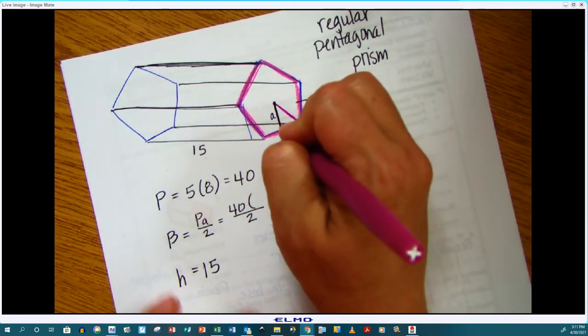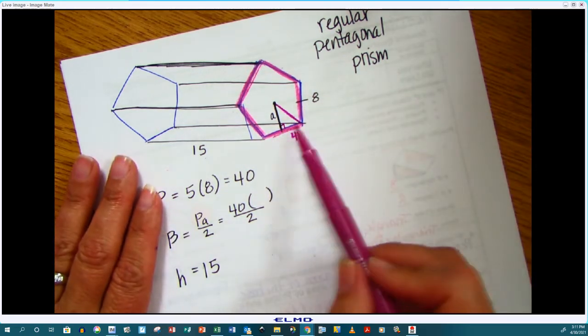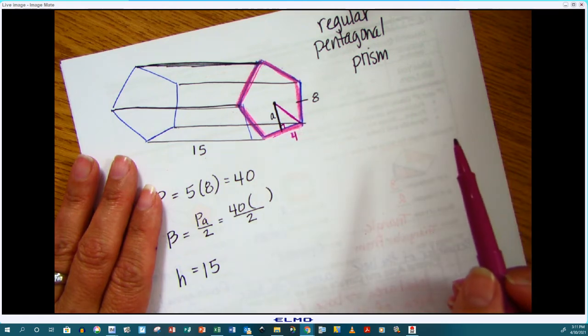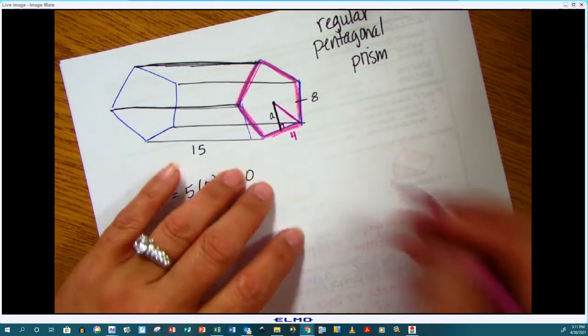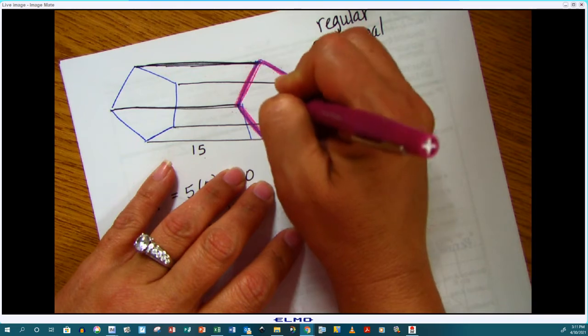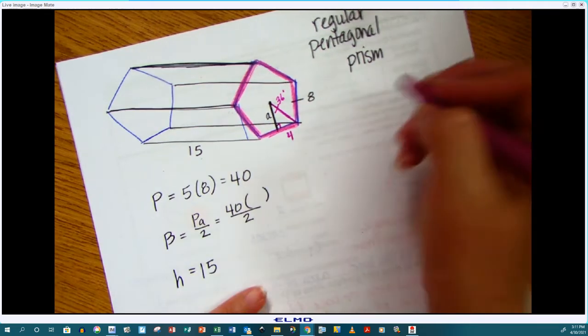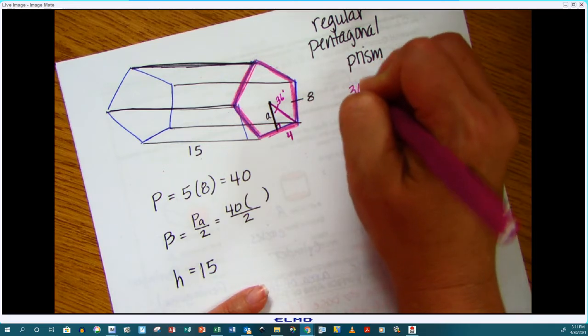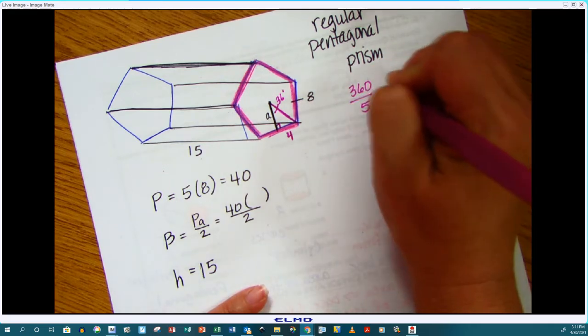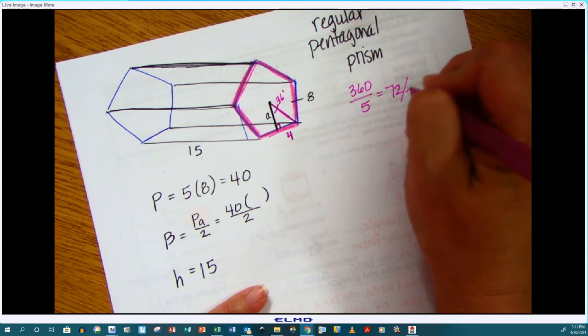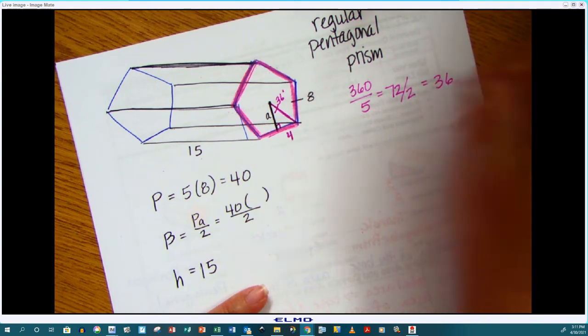And we know that this piece right here is 4 because the apothem cuts it in half. I know this angle right here is 36 degrees because 360 divided by 5 is 72, and half of that is 36.